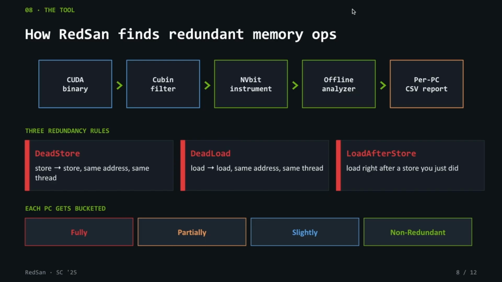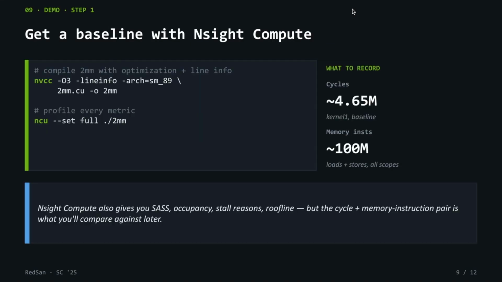Now, before taking a look at RedSan in action, looking at how it actually works and how we can use it, let's look at how we can get a baseline benchmark for your CUDA program with Insight Compute, which is NVIDIA's own profiler. So for that, as usual, you would compile your program first with NVCC using optimization flags like -O3, using -lineinfo, which is very important for Insight Compute.